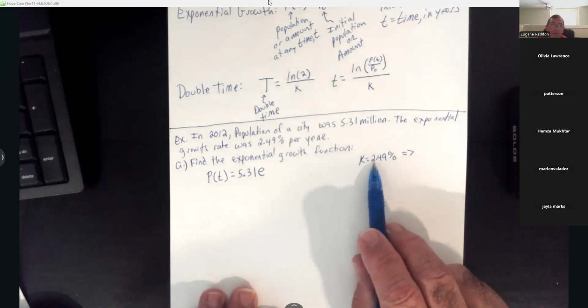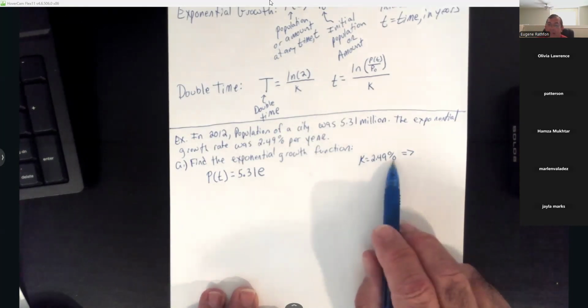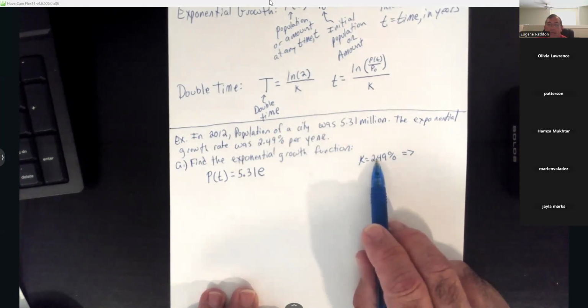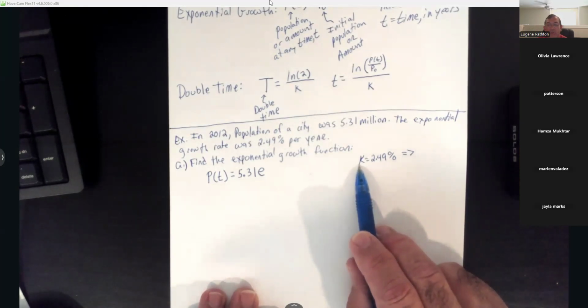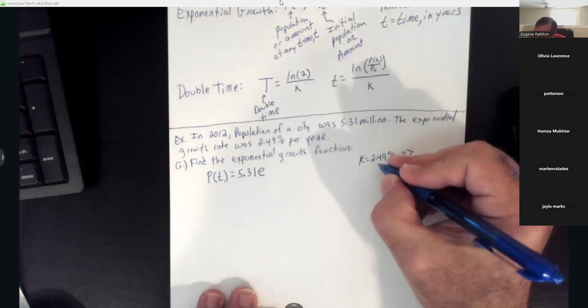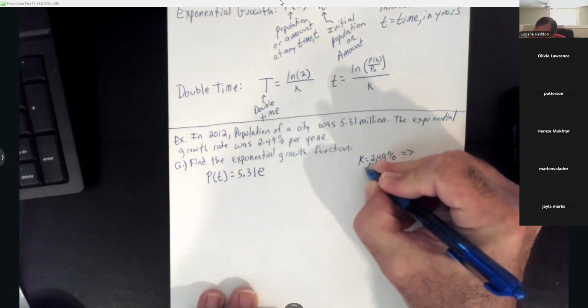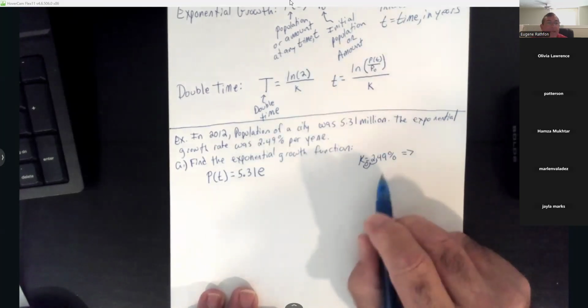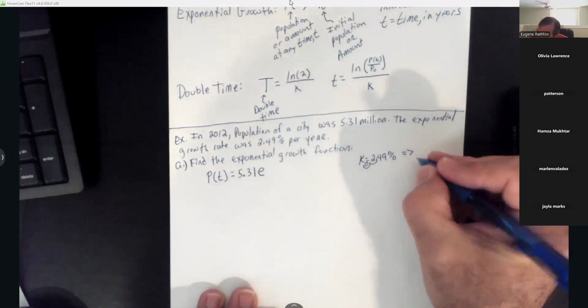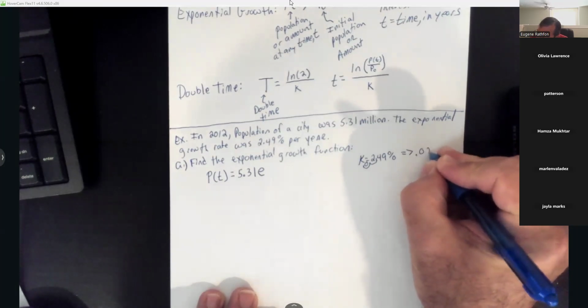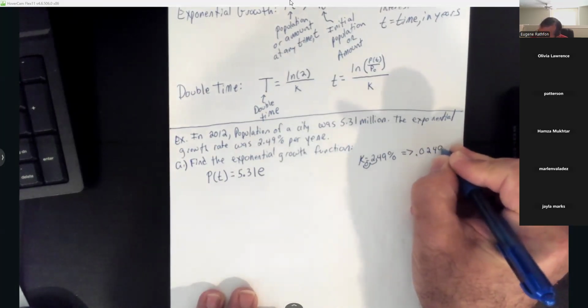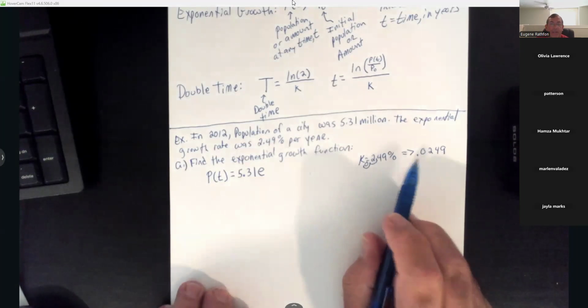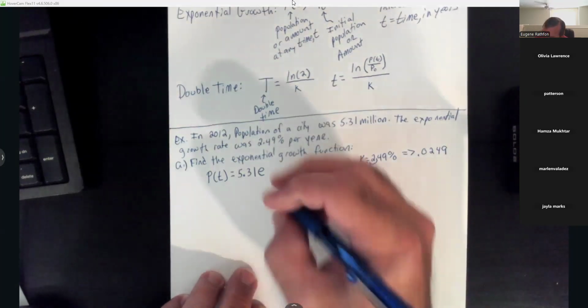And y'all remember the trick on this is to either divide this by 100 or move that decimal left 2 units. If you move that decimal left 2 units, we're going to have to add a zero in there so that we get 0.0249. Okay, so you always need your K in decimal form.